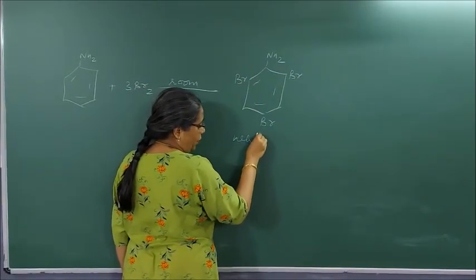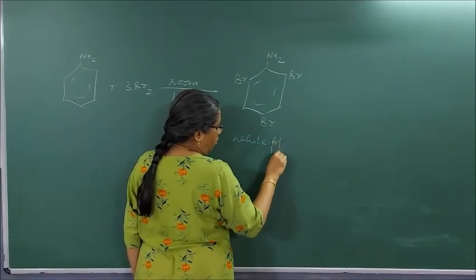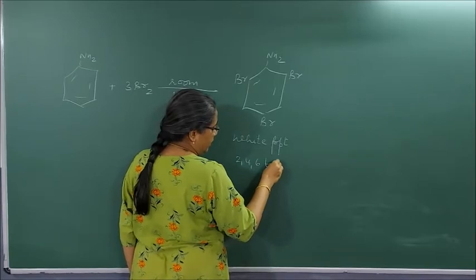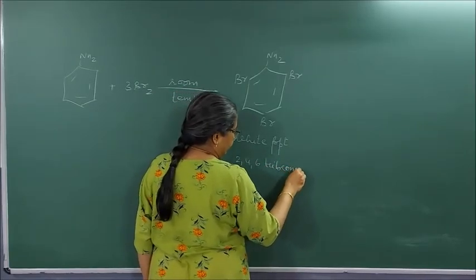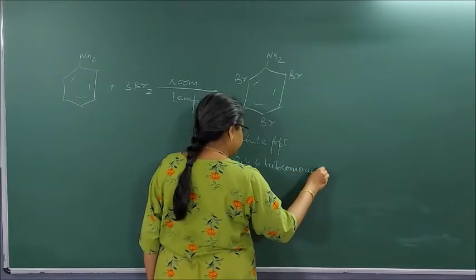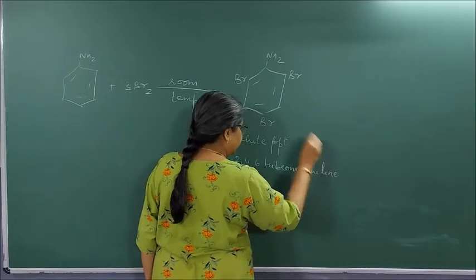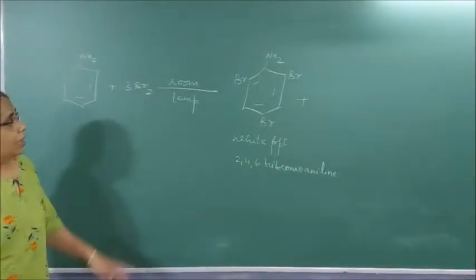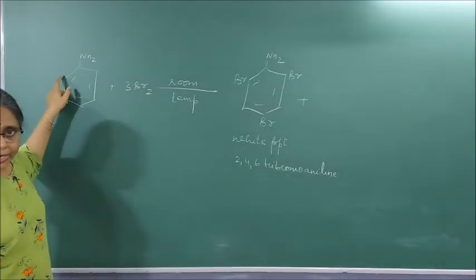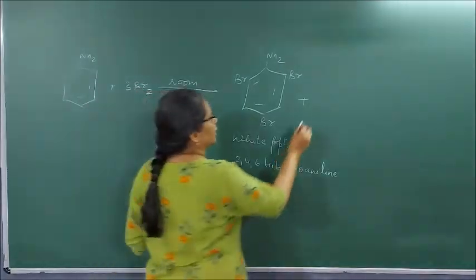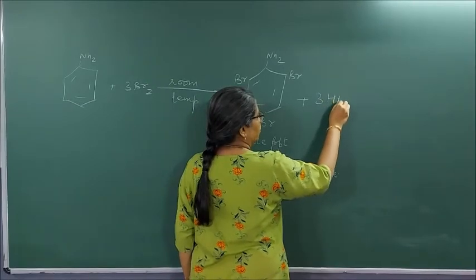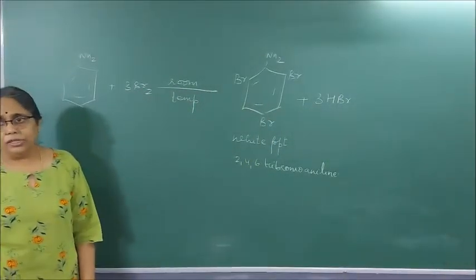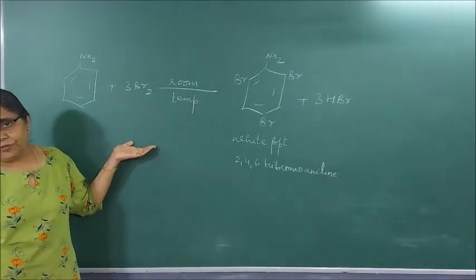This is the white precipitate of 2,4,6-tribromoaniline, plus how many times HBr? From every place I have removed an H and substituted Br. So, 3HBr. Understood? This is the confirmatory test of aniline.